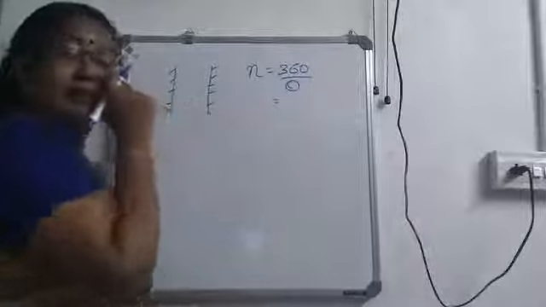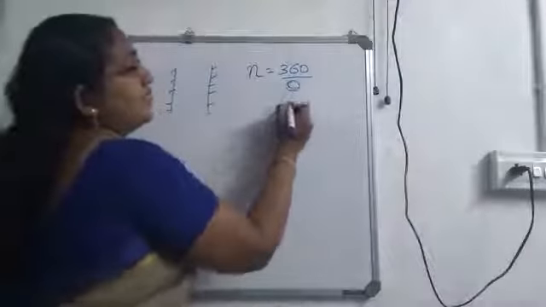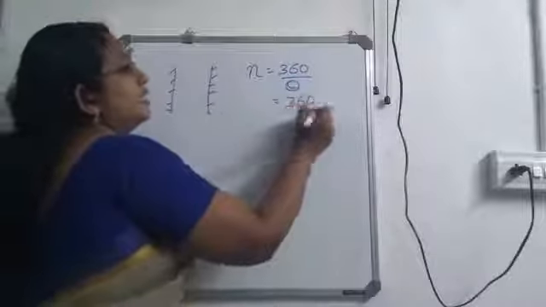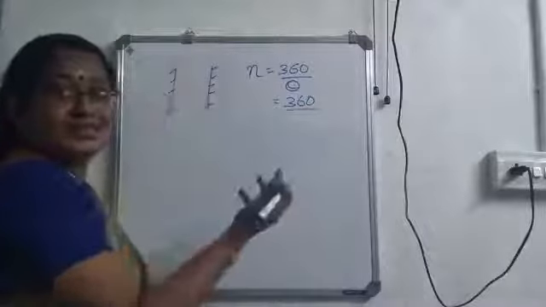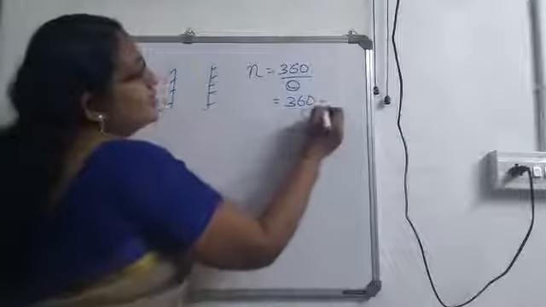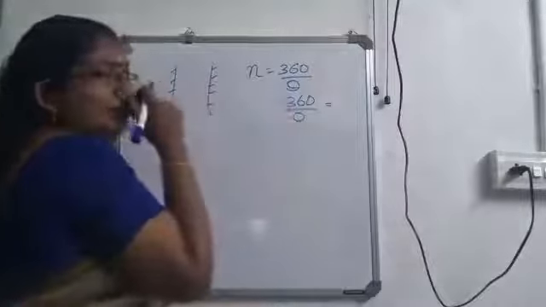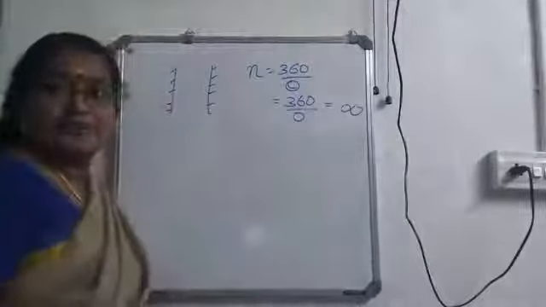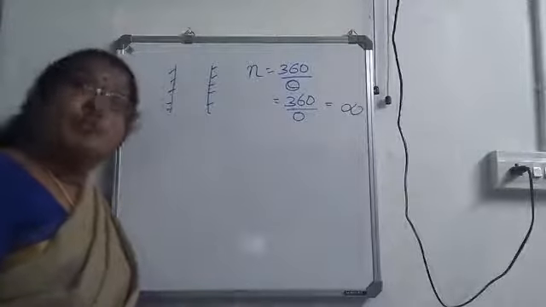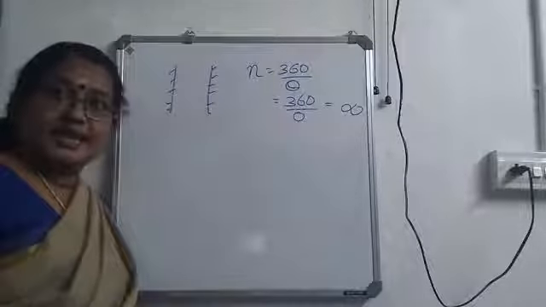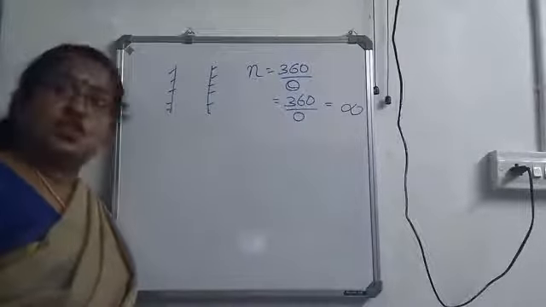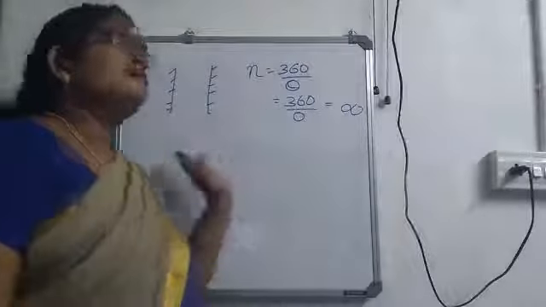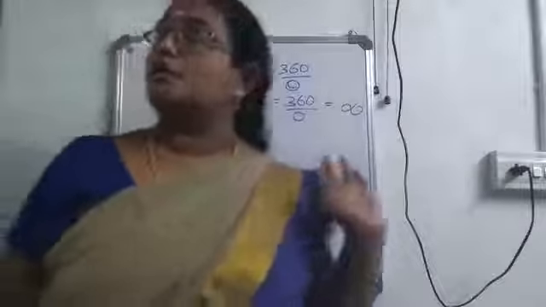So when the mirrors are parallel, what will be the value of theta? Parallel means it is not connected, isn't it? So 360 by 0. A number divided by 0 will be equal to infinity. So if two plane mirrors are placed parallel to each other, an infinite number of images will be obtained.